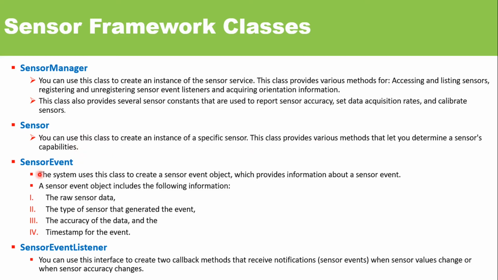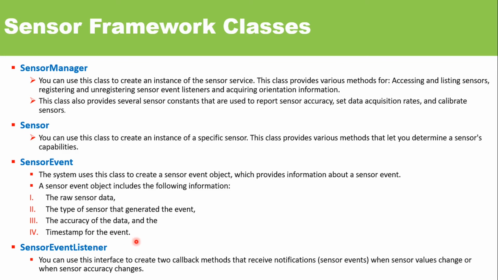Now for SensorEvent, the system uses this class to create a sensor event object, which provides information about a sensor event. A sensor event object includes the following information: the raw sensor data, the type of sensor that generated the event, the accuracy of the data, and the timestamp of the event, the time when it collected the data.